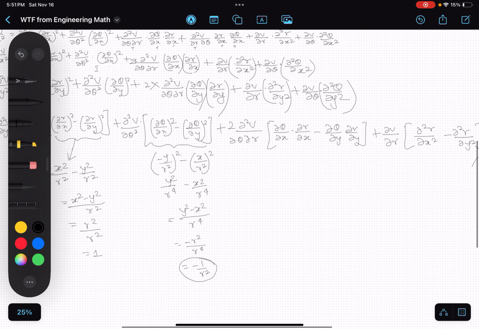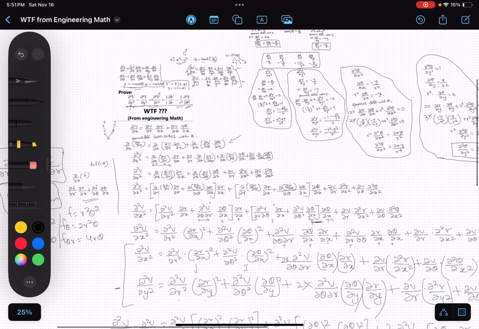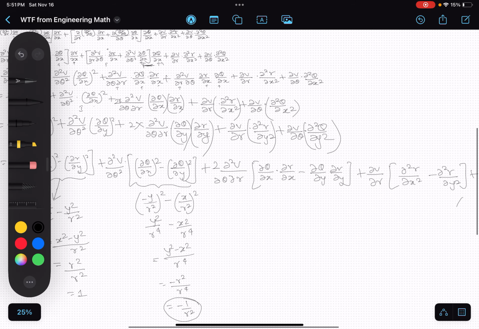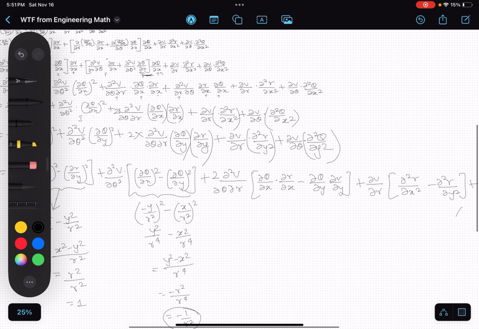Now next one, we know that this should have coefficient 0, right? Because it doesn't even appear over here, right? So if I were to have 0, this should be equal. Let's see if that's the case or not. So partial theta partial x, which we see from here, is just minus y by r square, right? And partial r by partial x from here is just x by r, right?